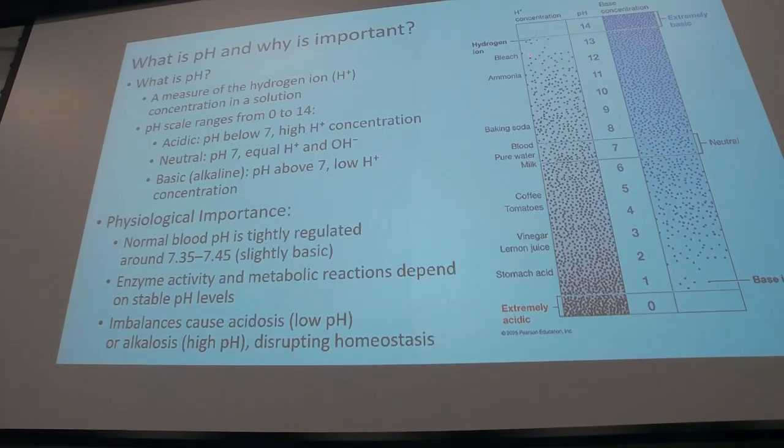Examples will be bleach, ammonia, baking soda, and blood, which is a little bit basic. In our plasma, the pH is slightly basic, between 7.35 and 7.45.